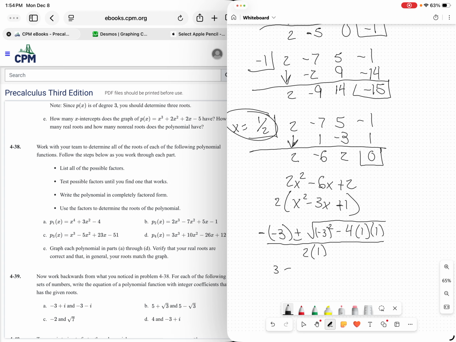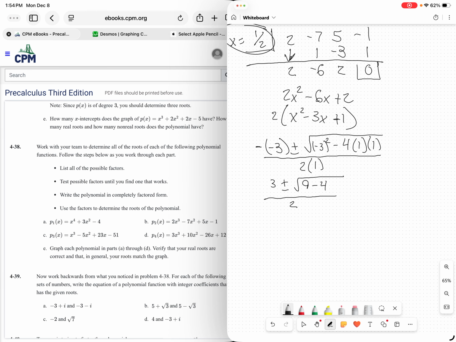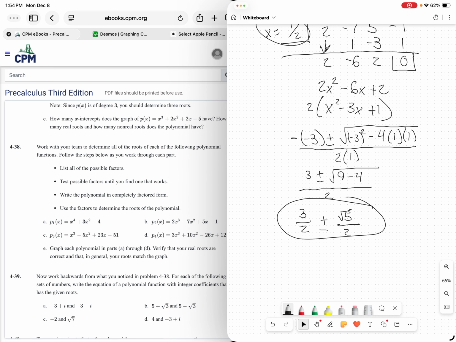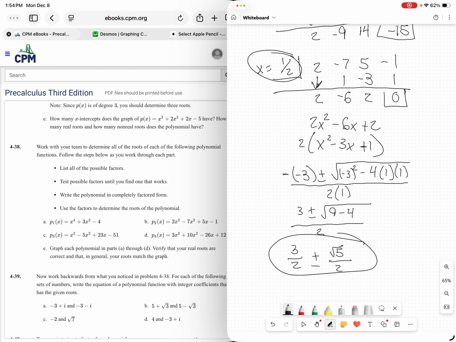So this is 3 plus or minus the square root of 9 minus 4, all over 2. So again, 3 over 2 plus or minus the square root of 5 over 2. So there are my other two solutions. So again, 3 solutions. x equals 1/2. x equals 3 over 2 plus or minus the square root of 5 over 2.